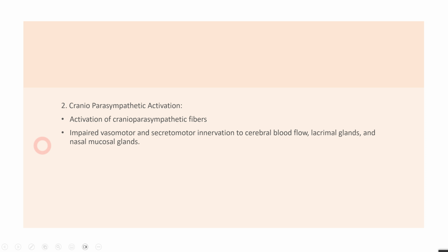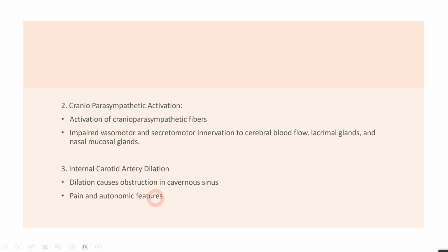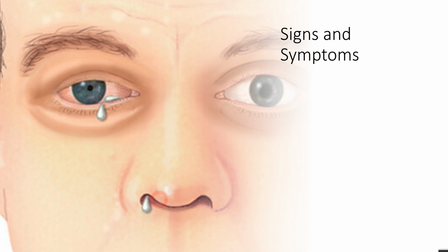So these are those glands which are actually responsible for causing the symptoms of cluster headache, which eventually leads to the symptoms that the patient complains with. The third theory is internal carotid artery dilation, where the dilation actually obstructs the cavernous sinus and then leads to pain and autonomic features of cluster headache. So these three theories have been proposed as pathogenesis for causing cluster headaches.